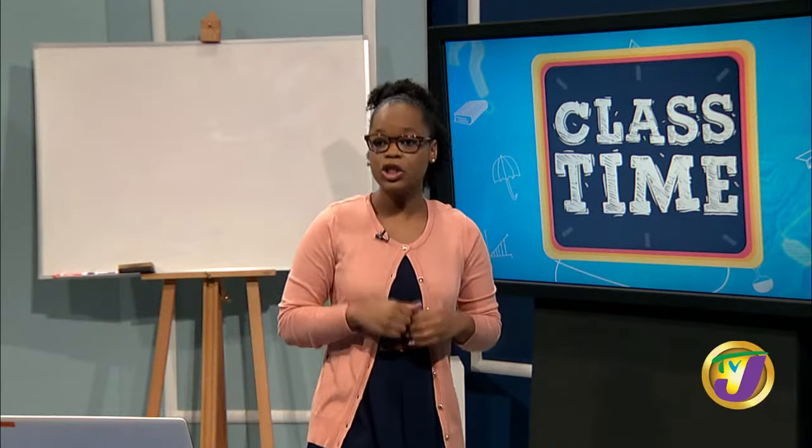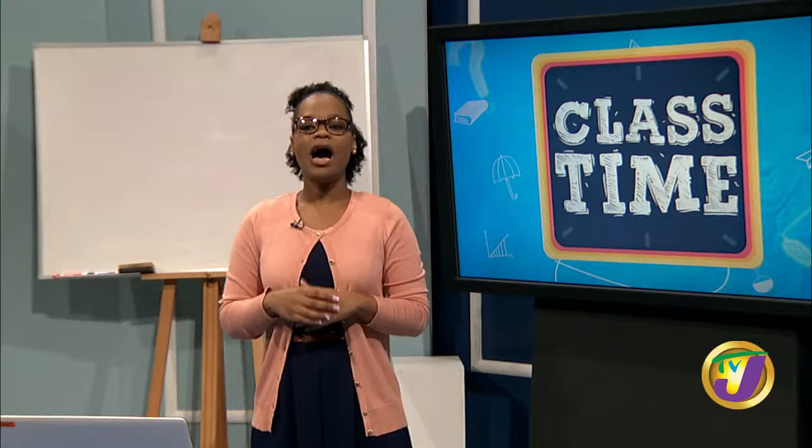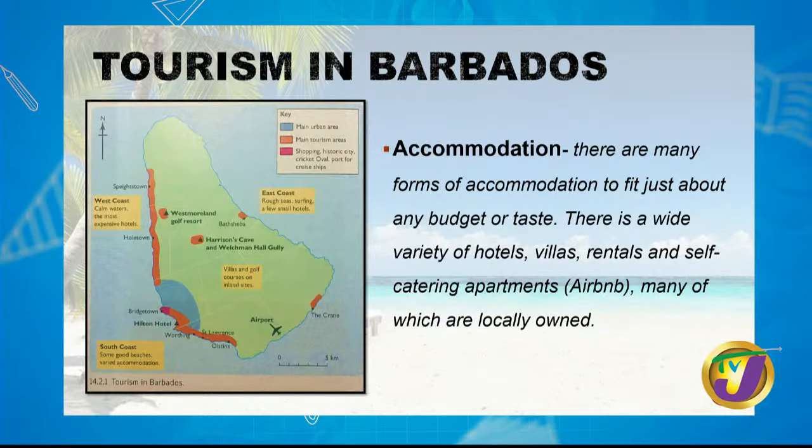In Barbados, just like Jamaica, you have different forms of accommodation to suit your economic lifestyle. So you have the option of staying at an Airbnb, at a villa, or at a five-star, four-star, or even ten-star hotel if you choose and you have the money. And the trick about this is many of them are locally owned by the locals of Barbados.